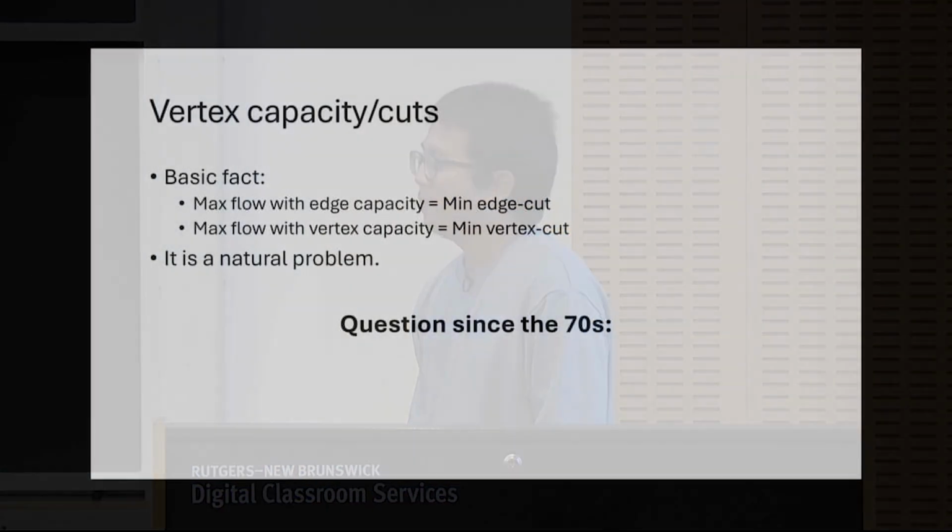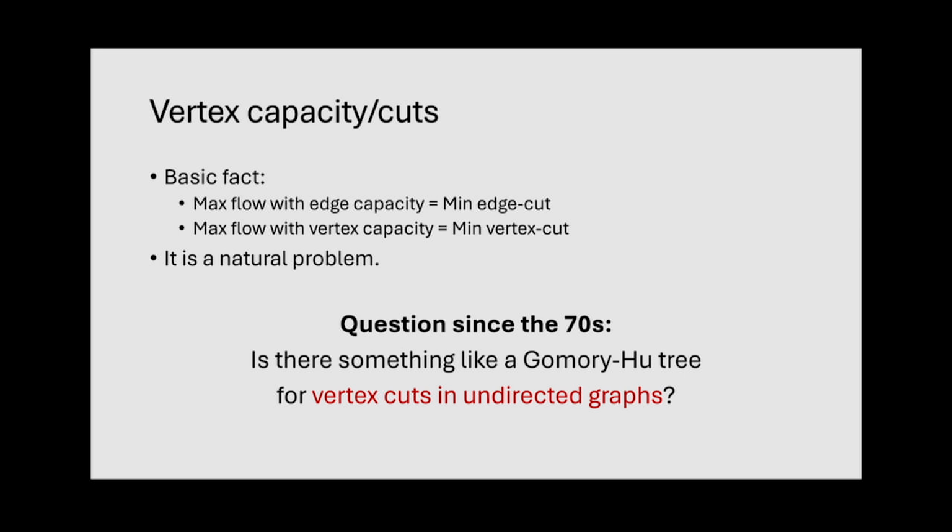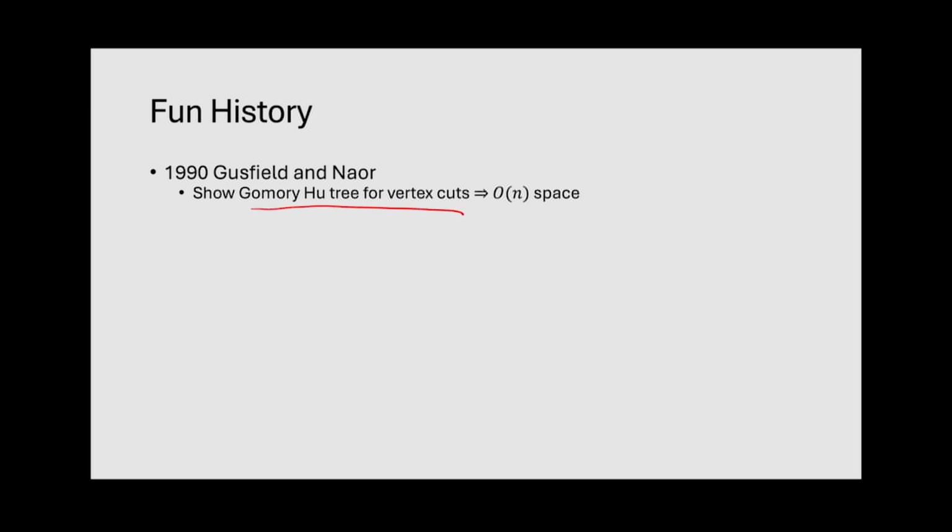Right after people saw the Gomory-Hu tree, they asked whether there is something like a Gomory-Hu tree for vertex cuts in undirected graphs. Here is a fun history. In 1990, Granot and Hassin showed that there is a Gomory-Hu tree for vertex cut.